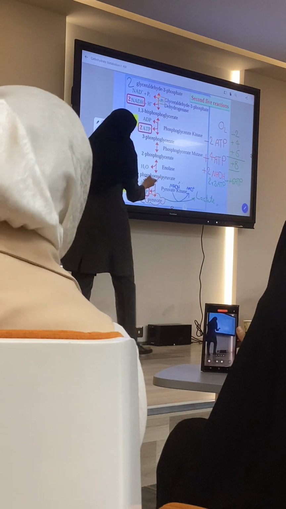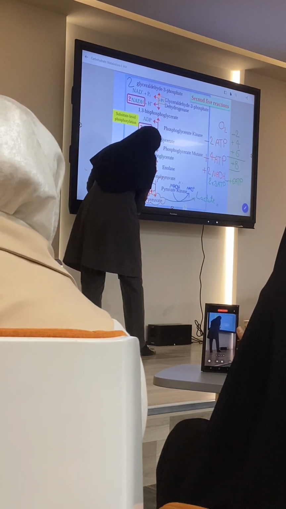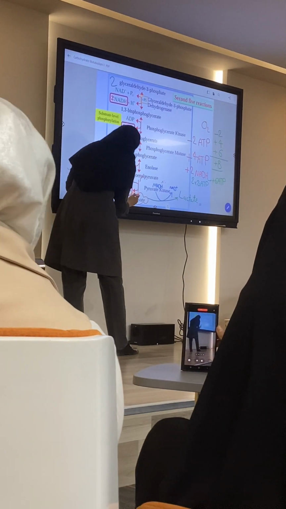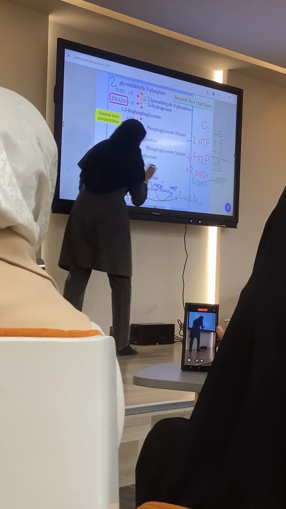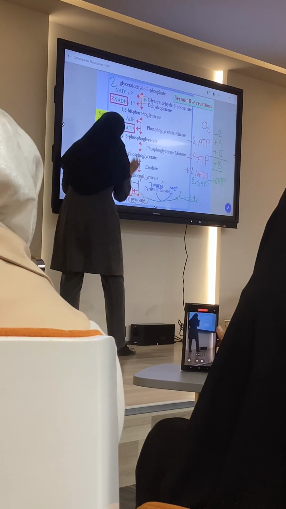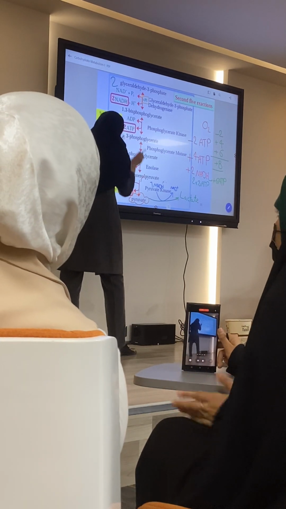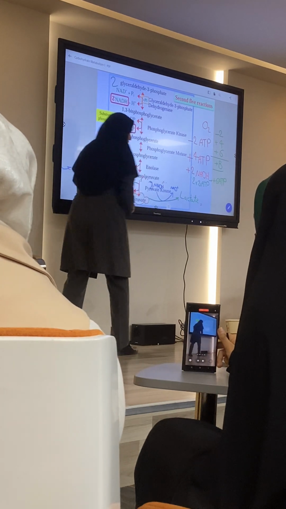So generally, for one pyruvate, 1 NADH is required. For 2 pyruvates, 2 NADH are required.